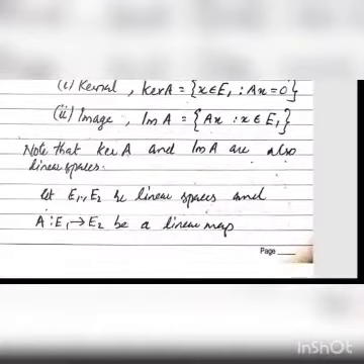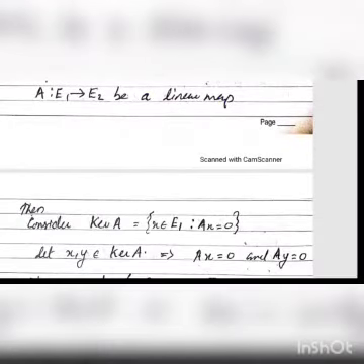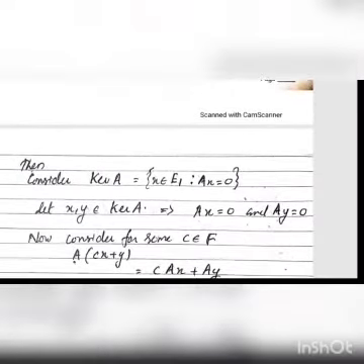Now let E1, E2 be linear spaces and A from E1 to E2 be a linear map. Then consider the kernel of A, the set of all x belonging to E1 such that Ax = 0. Now let x, y belong to the kernel of A. That means Ax = 0 and Ay = 0. Now we want to prove that cx + y belongs to the kernel.